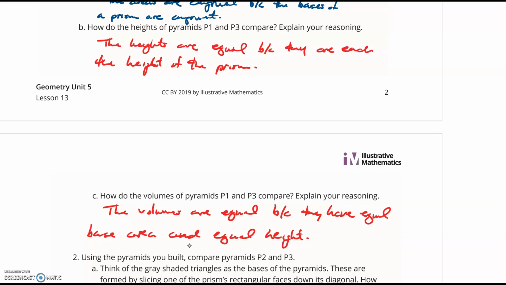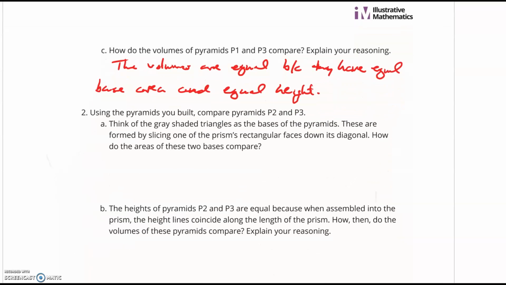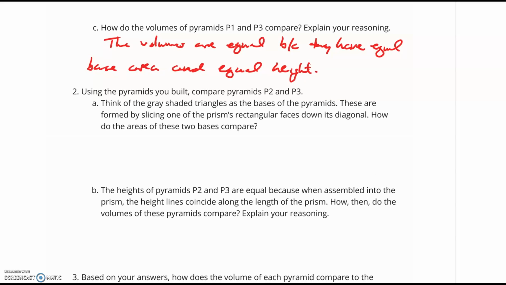Perfect. Number 2 here. Using the pyramids that we built, and that's again in 5.12. Okay, using the pyramids, think of the gray shaded areas as the bases of the pyramids.